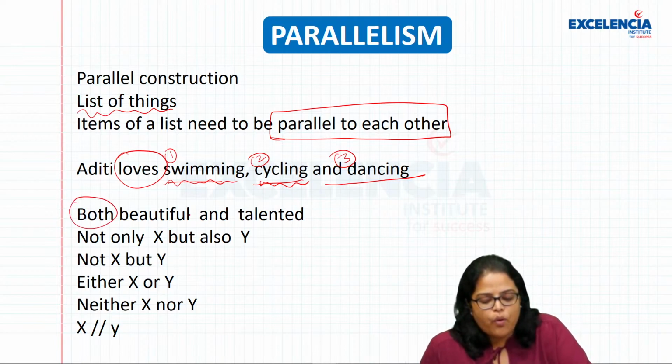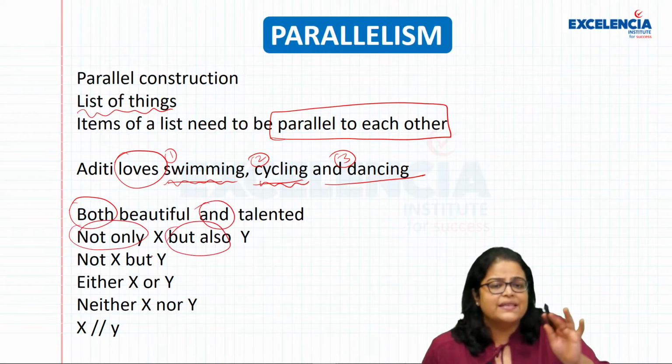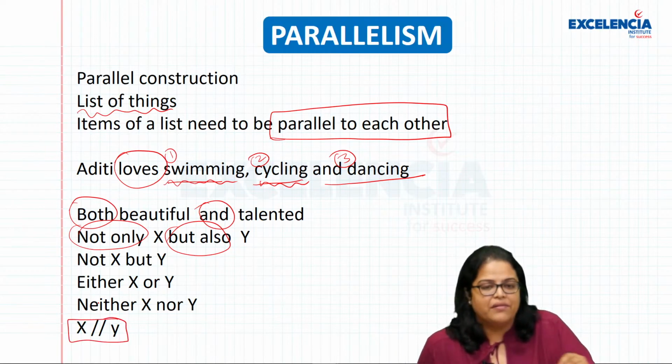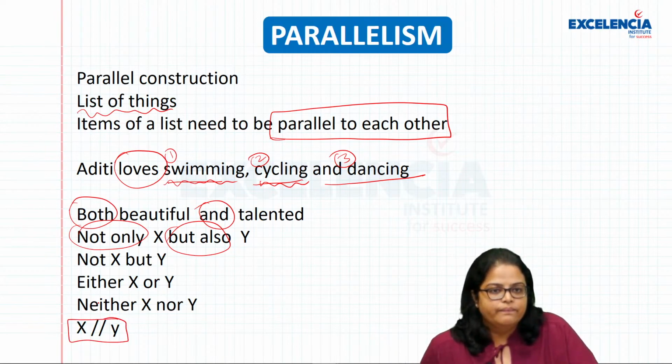So when I'm saying both X and Y, not only X but also Y, I say this is maths, where you have to just ensure that X and Y are parallel. She is both beautiful and talented. Awesome, that's correct. Both are adjectives. I cannot say she's both a beauty and talented. That would be wrong, guys.